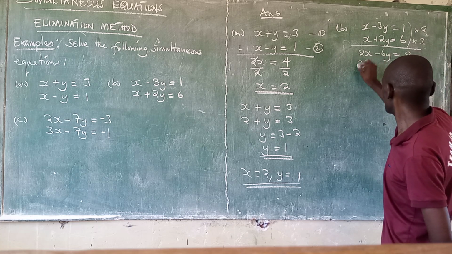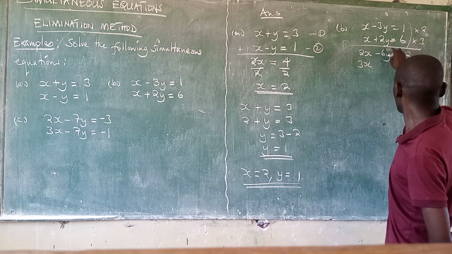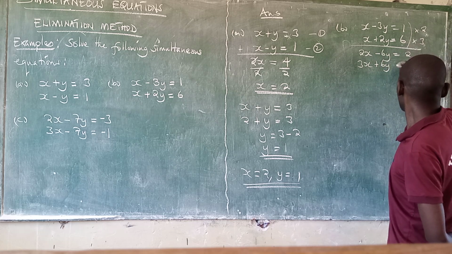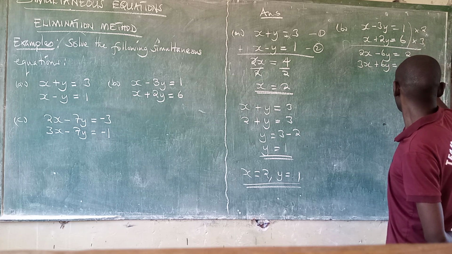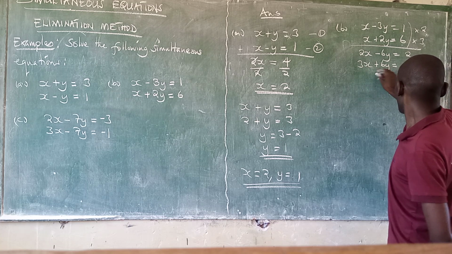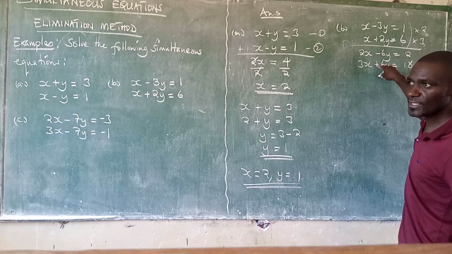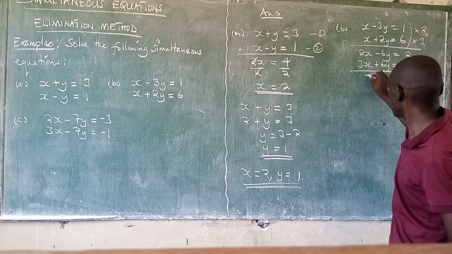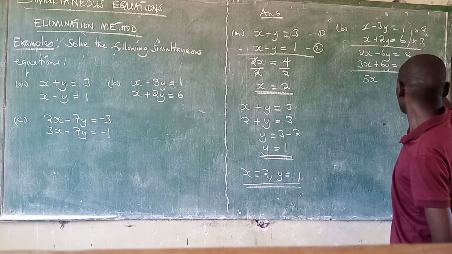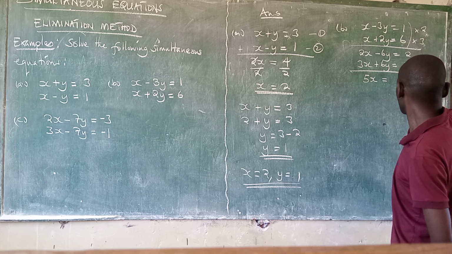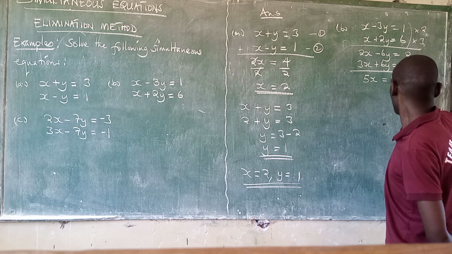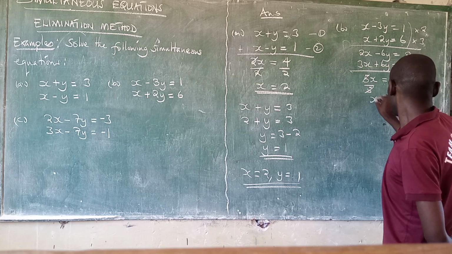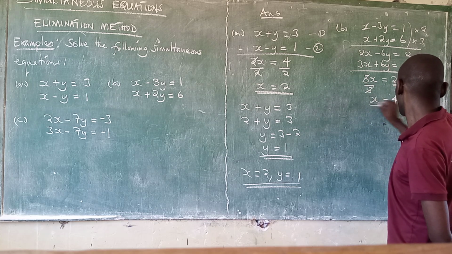Then 3 times this is 3x, 3 times 2y is plus 6y, 3 times 6, that gives us 18. And since these are the same with different signs, it means automatically we get a 0 when we add. So when we add here, that's 5x, and y is 0. So we just say equals, this is 20. We divide by 5, even here by 5, x is simply equal to 4.